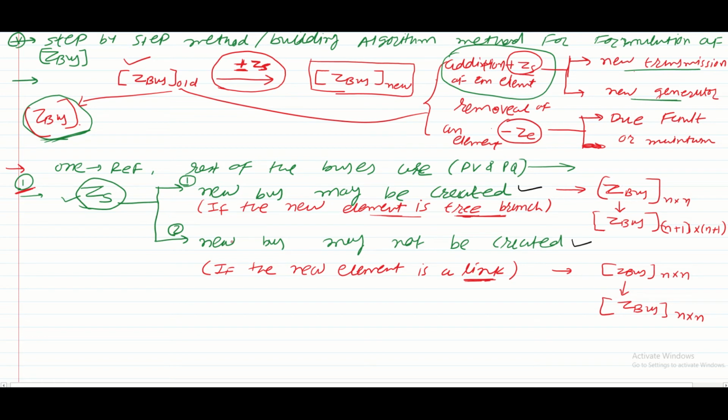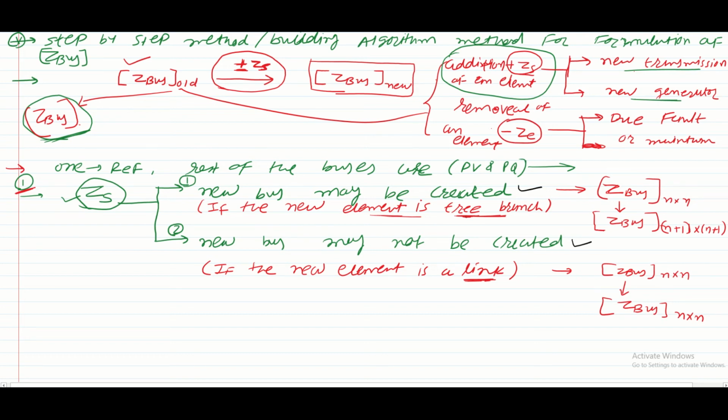The second possibility is a new bus may not be created. When the new element is a tree branch, there is a chance of new bus creation, and if it is a link, then there is no chance of creation of a new bus in the network.